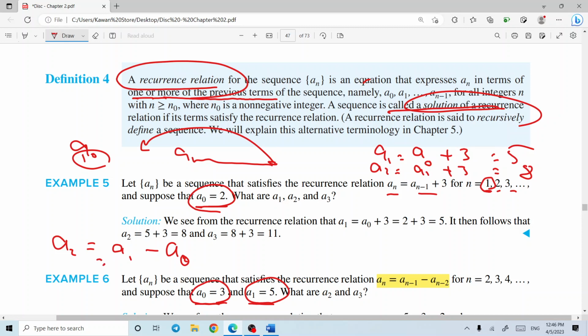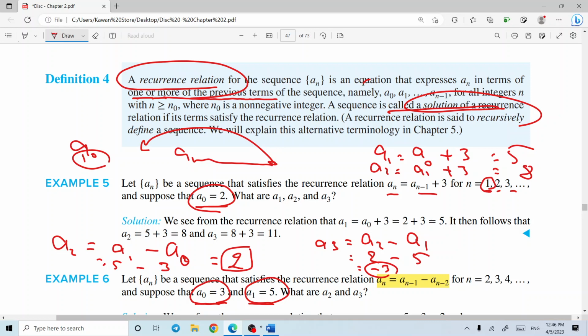So A2 is equal to 5 minus 3, which is 2. Am I right? Okay, tell me about A3. A3 is equal to A2 minus A1. A2 was 2, A1 was 5. Then I will get minus 3. And go on.